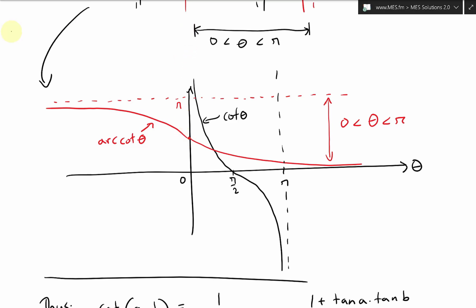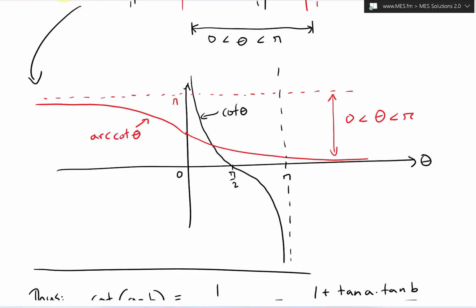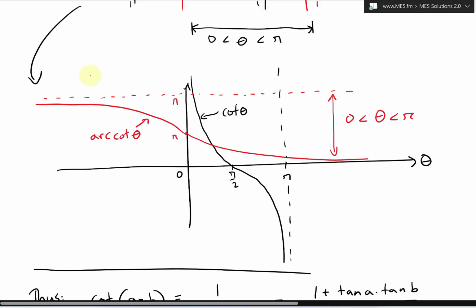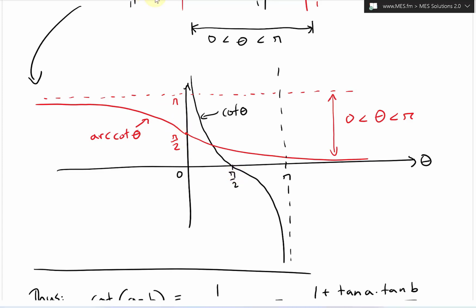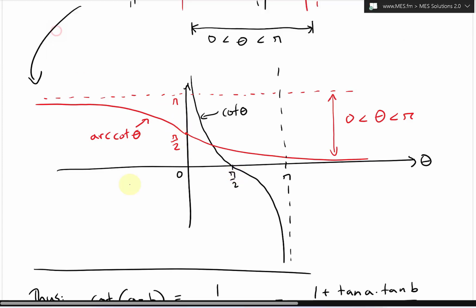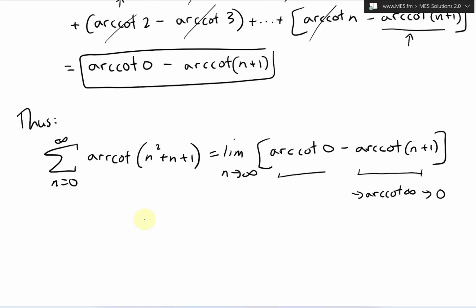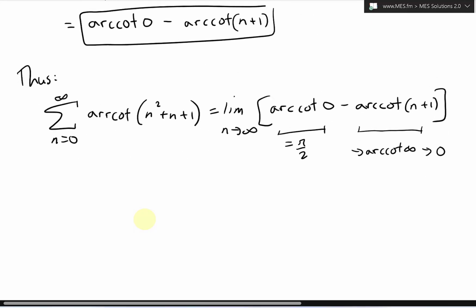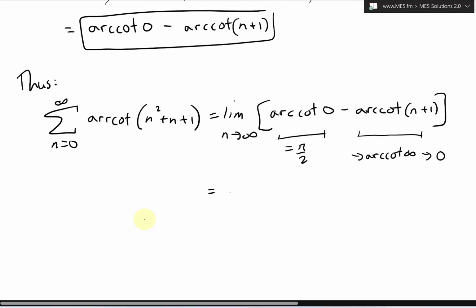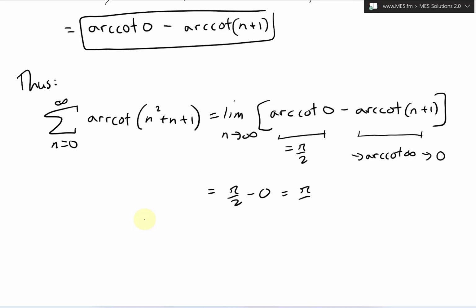I'm going to draw this in red. This is pi over 2, where the horizontal becomes the vertical. So this approaches 0, and this is equal to pi over 2. So in other words, this equals pi over 2 minus 0, which equals pi over 2.